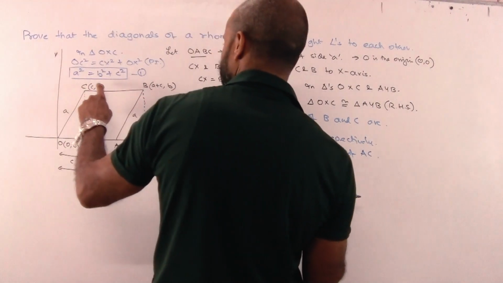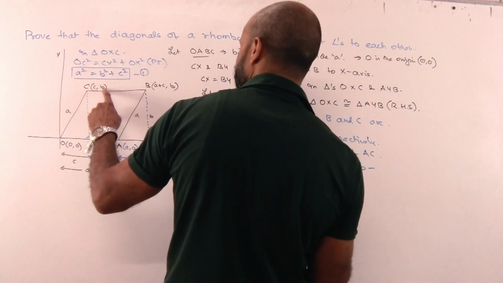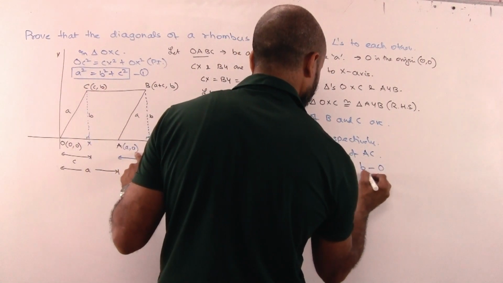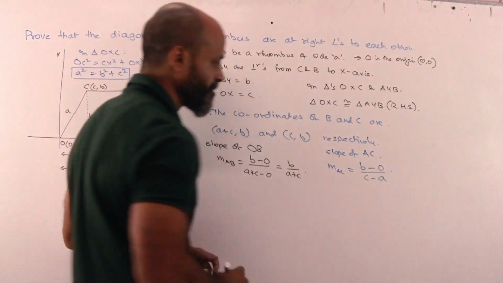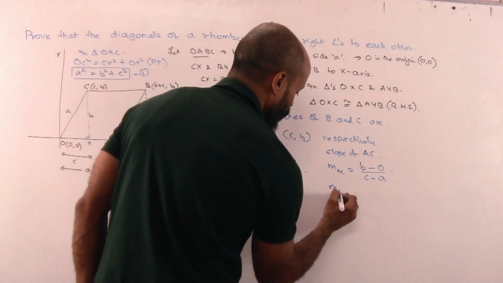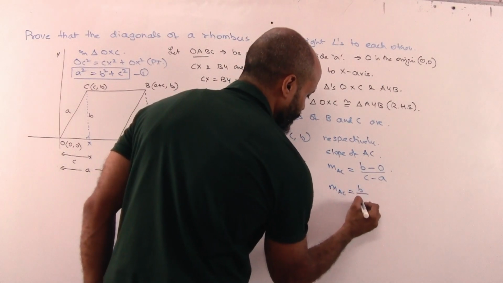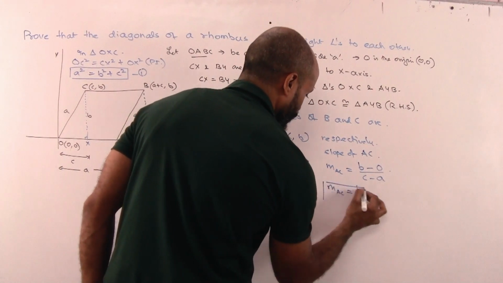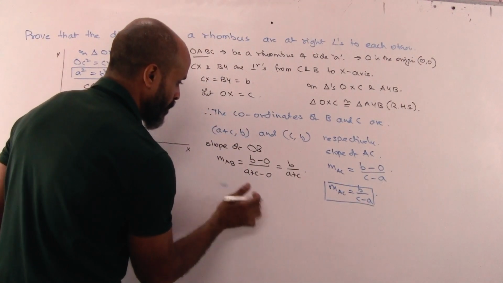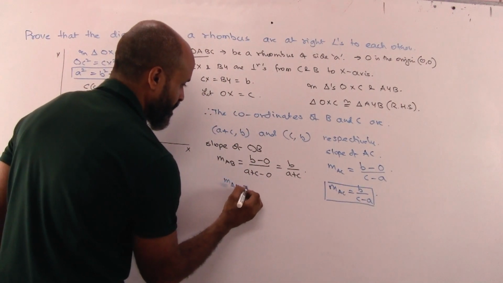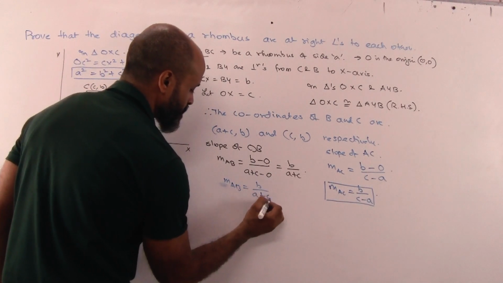So for AC, we have B minus 0 upon C minus A. So slope of AC is B by C minus A, and slope of AB is equal to B by A plus C.